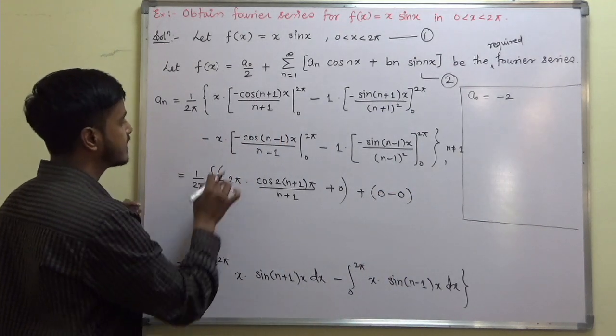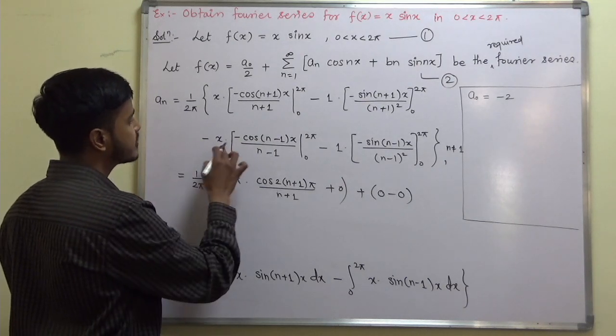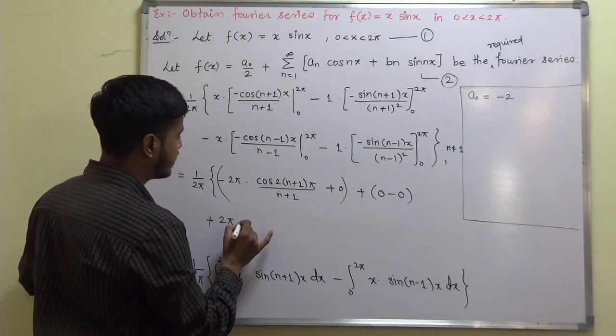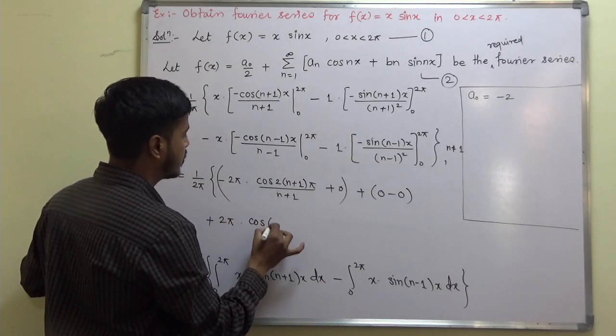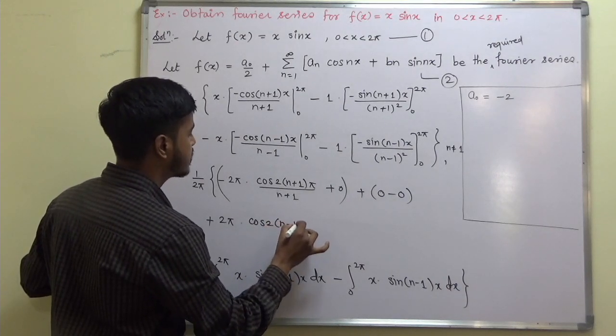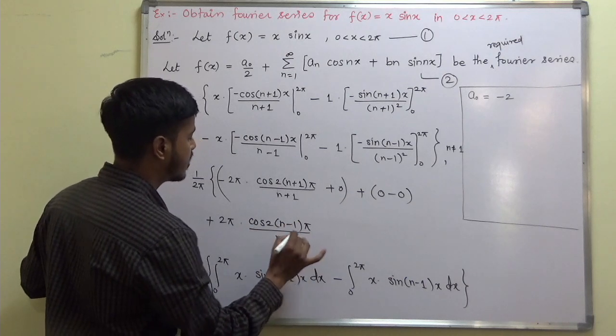Minus x. This minus becomes plus. In place of x put 2 pi. So this is 2 pi into cos 2(n minus 1) pi upon n minus 1.